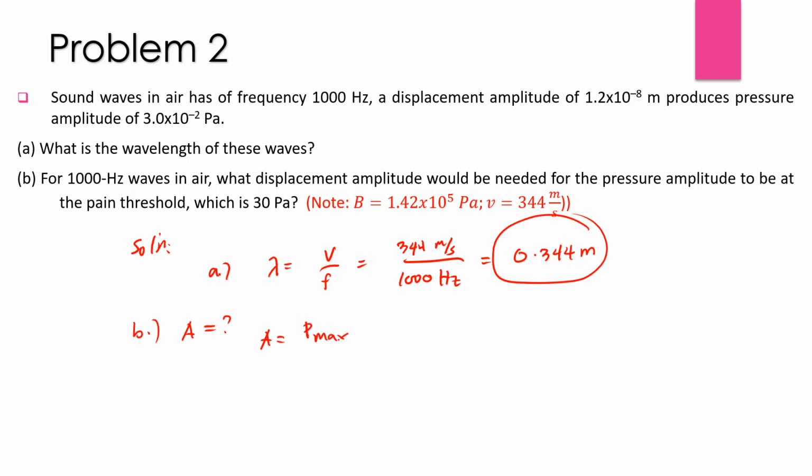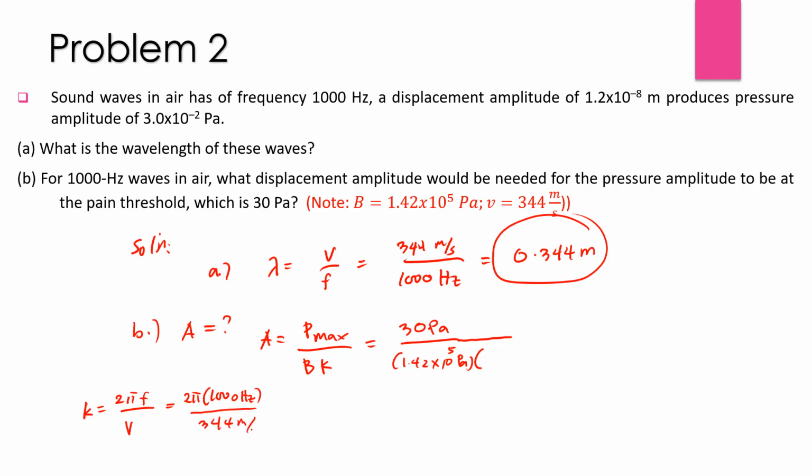For letter B, we need to solve for the displacement amplitude A, which is just equal to Pmax over the bulk modulus times k. Pmax is equal to 30 pascals, and the bulk modulus is 1.42 times 10 to the 5 pascals, multiplied by k. k is unknown, but we can solve for k from 2 pi f over the speed of sound, 344 meters per second, for 1000 hertz. We solved for k in problem 1, and it is equal to 18.3 rad per meter.